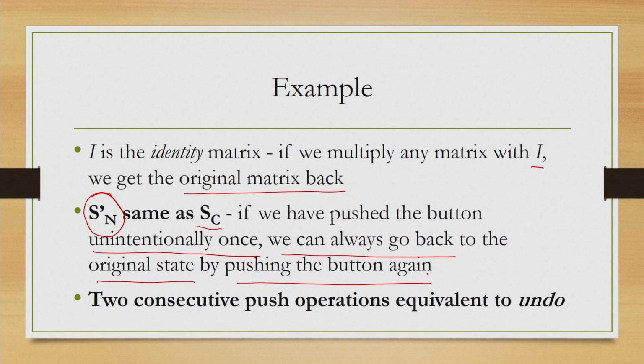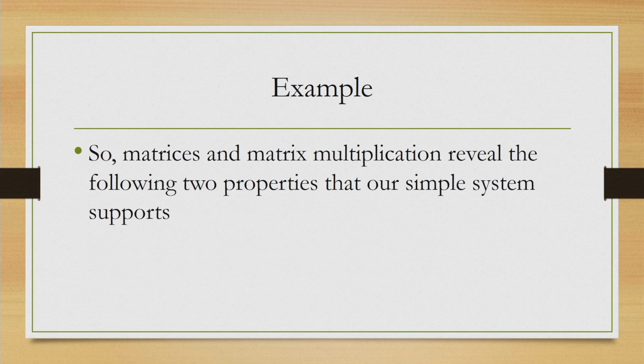So, suppose we have made an unintentional push and we reached an undesired state. We can push it again to go back to the original state. In other words, the system supports undo, which we can establish through this formal analysis based on the matrix representation.